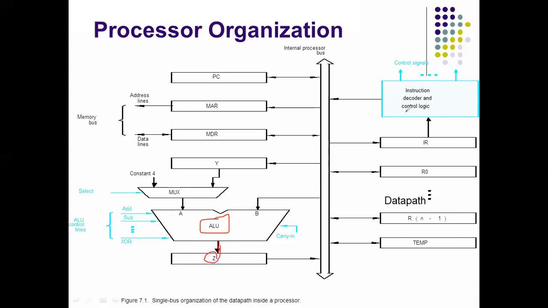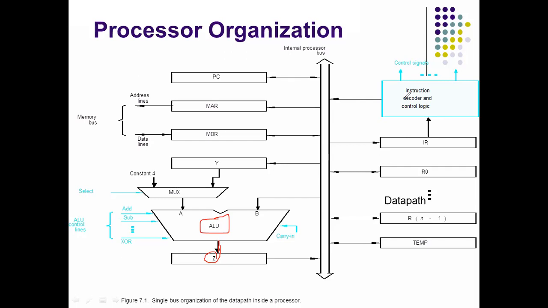So here on this side, instruction decoder and control logic. What does it contain, what can it do? Instruction decoder means, if we are developing any program, that program has a number of instructions, all in user understandable language, that is assembly language programs we are writing.